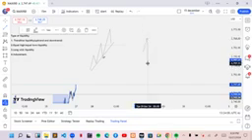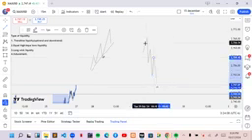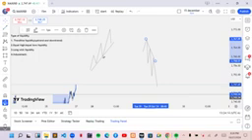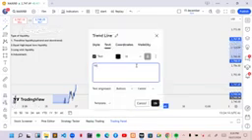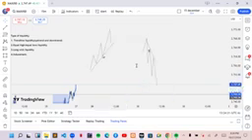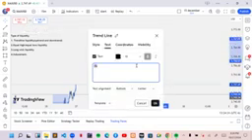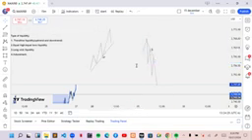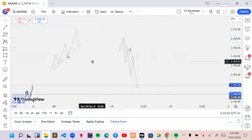So if it's a downtrend, lower highs and lower lows, there's liquidity being accumulated here. So these are the types of liquidity: the trend line liquidity, the uptrend and the downtrend.